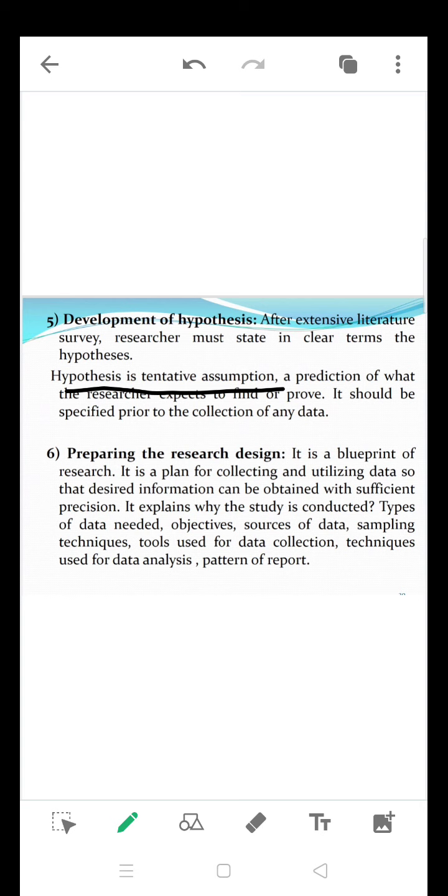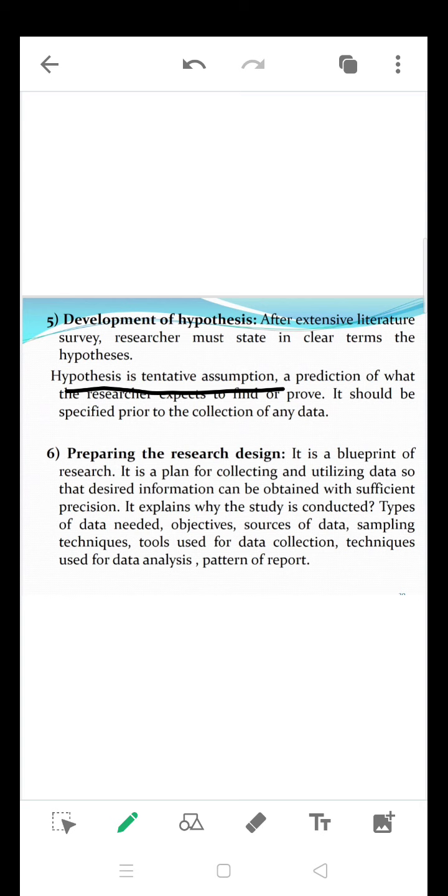It should be specified prior to the collection of any data. So after defining a problem and setting an objective, you are going to set a hypothesis after doing your literature survey. It is set by the researcher before starting to collect any data. So this is called a hypothesis.